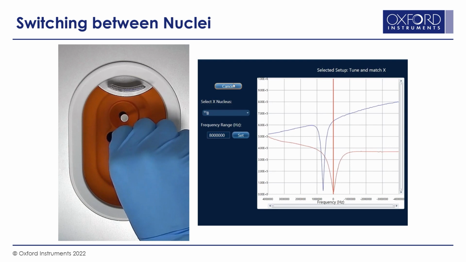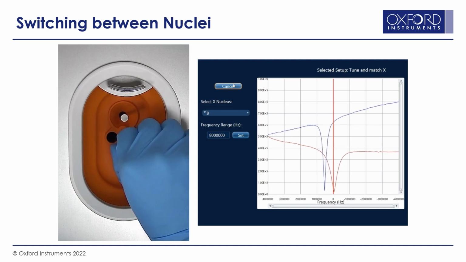This is a rapid and convenient process, usually taking between 2 and 3 minutes to switch between proton, fluorine and X nuclei.